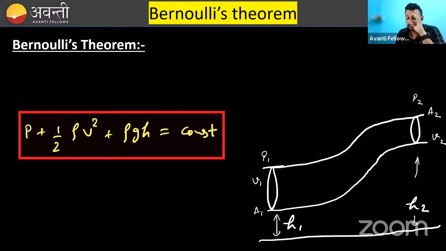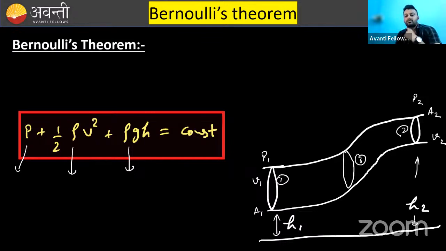So what is Bernoulli's theorem statement? What it says, for streamline flow, the sum of pressure energy, kinetic energy, and potential energy is constant throughout the tube. If you take any point, any cross section area, let's suppose this is cross section area 1, this is cross section area 2, you can take any other cross section area 3 as well.